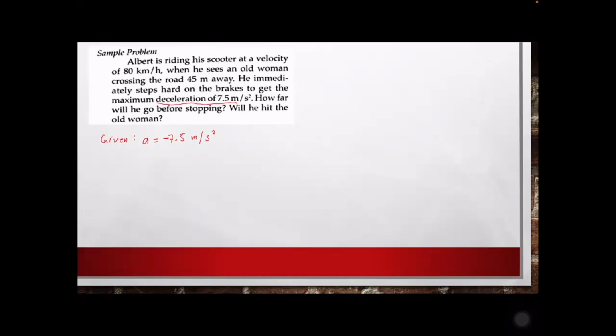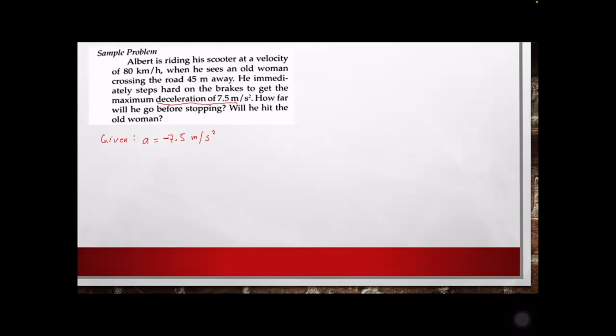So imagine the problem, ganito kasi yan. Si Albert daw ay nasa scooter, tapos meron siyang velocity na 80 km per hour. Then nakita niya yung woman na tumatawid 45 meters na malayo sa kanya. Kung nag-drive kayo or nakasakay kayo sa unahan ng kotse, kung nakita kayo, mag-press ng brake.